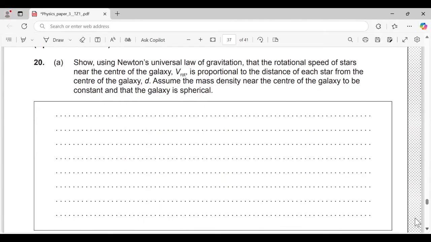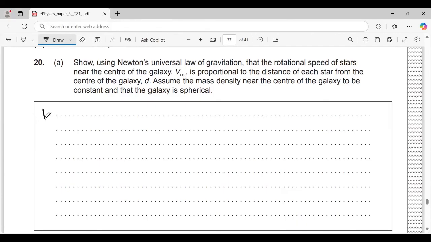To find the rotational speed, we need to use the concept of circular motion. The gravitational force provides the necessary centripetal force for the star's circular orbit, and we are going to use Newton's formula.